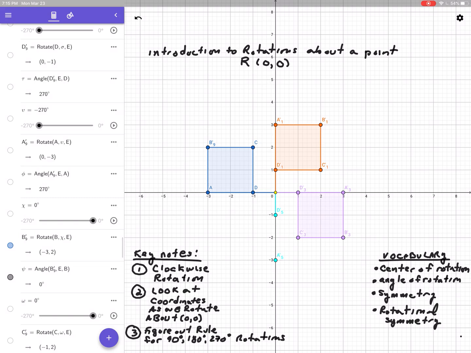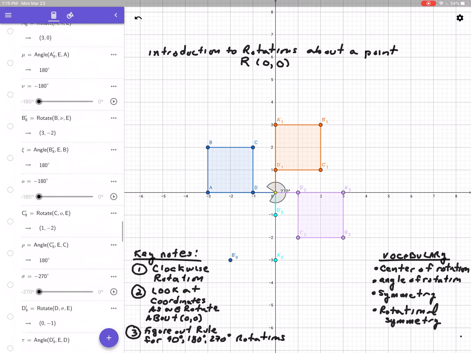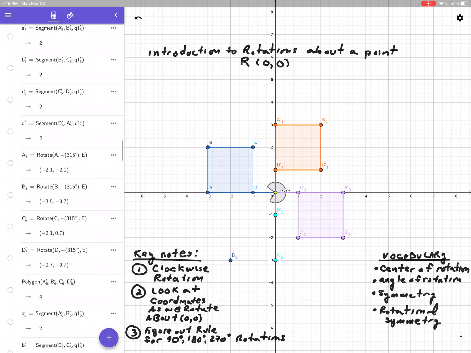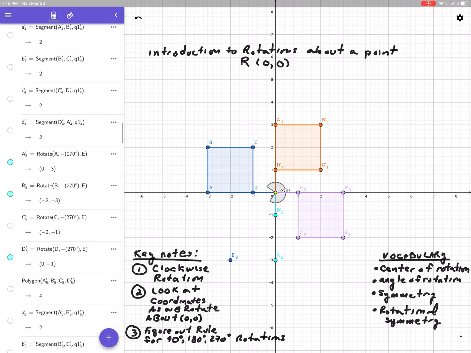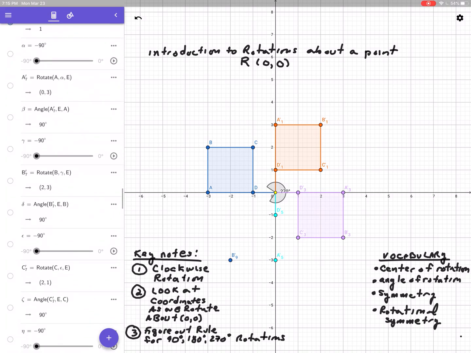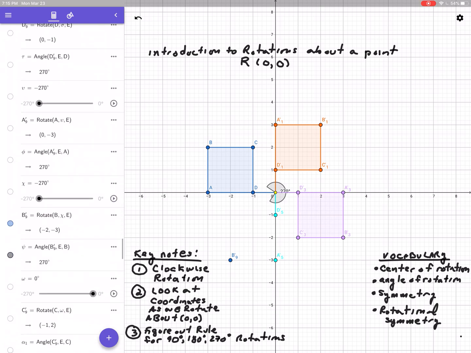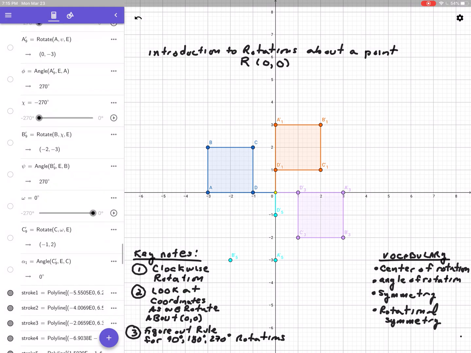So let's move on to B. And we're going to rotate B. And we notice we get there. We're going to label B appropriately. And then we're going to get rid of the rotation that we did. Final is C. I'm going to take C. I'm going to rotate it 270 degrees.